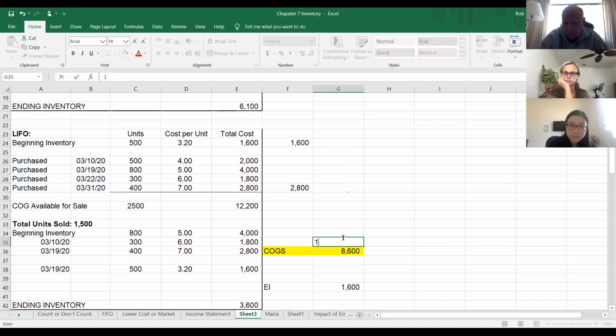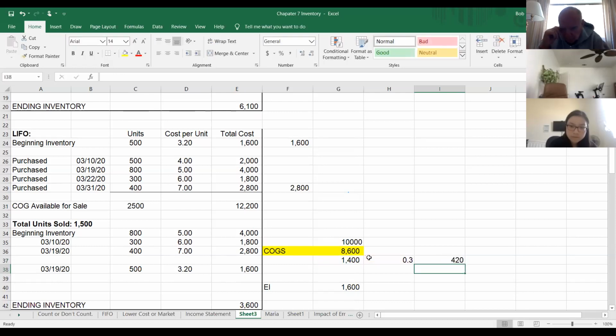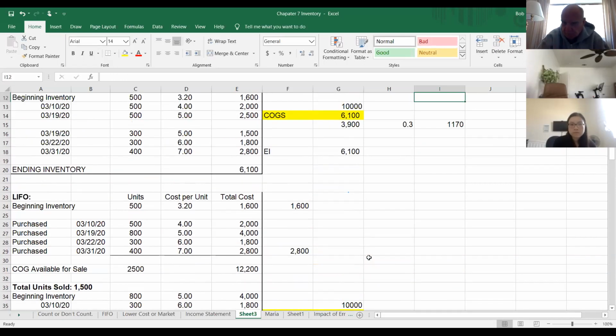Here, because they use this method, they're going to show a much lower profit. So their profit will be, was that 1,400.3? Not too tough. So look at the difference in tax savings, pretty considerable, right?